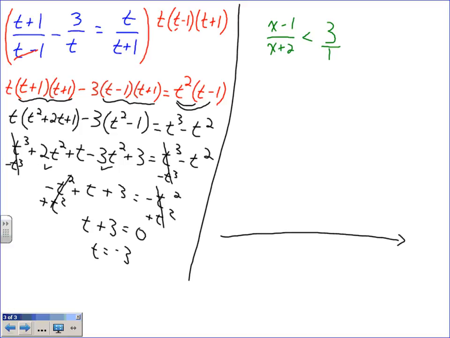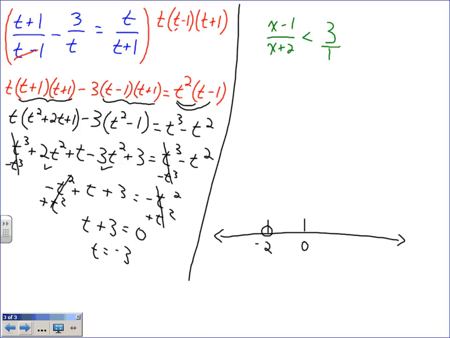Cody, can you tell me what value, looking at that problem, I cannot use? Negative 2. So here at negative 2, I'm going to put an open circle. Because no matter what, I cannot use that. Now let's solve it.